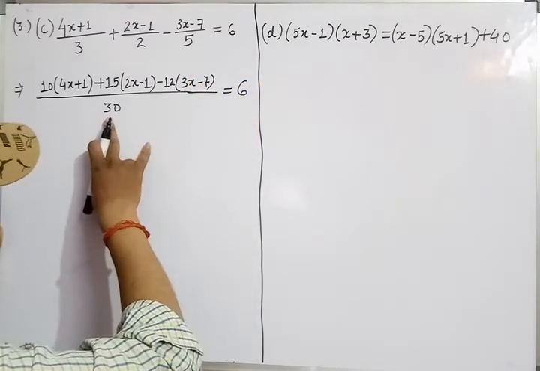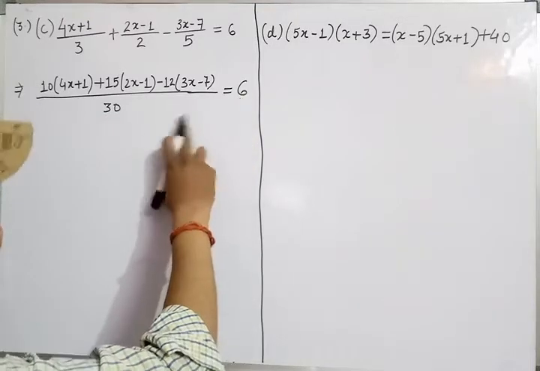Now student, this 30 will multiply by 6 by the cross multiplication method.